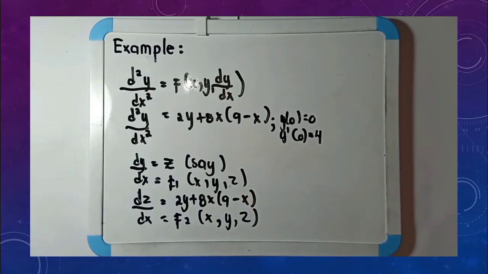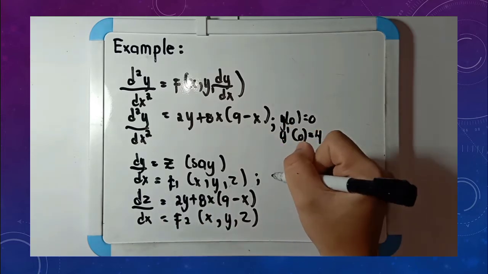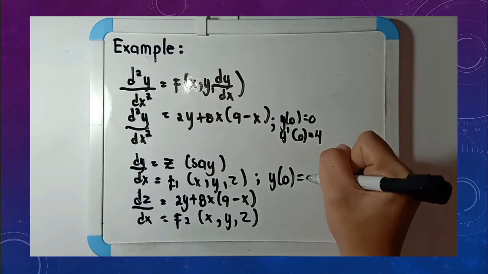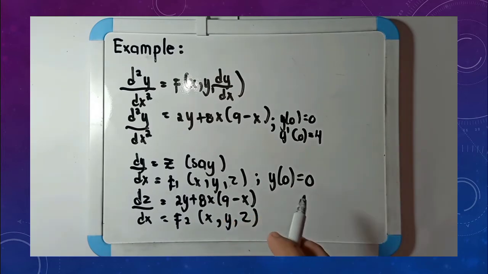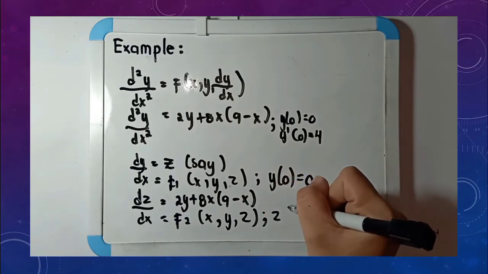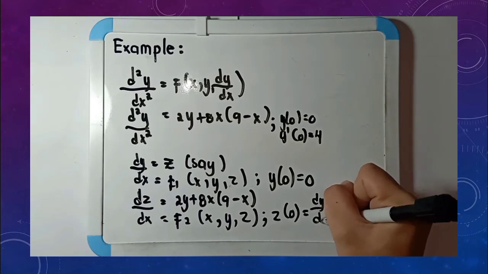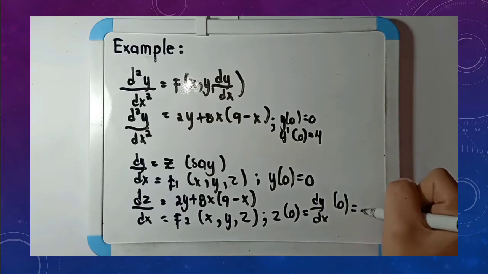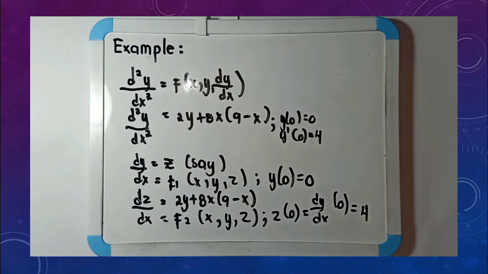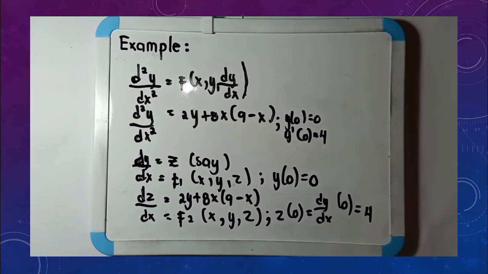This differential equation is subjected to y sub 0 equal to 0, and this one is subjected to z sub 0 equal to dy over dx at 0, which is nothing but 4 itself. That's how we set up these conditions, and now we apply this 1 and this 2.